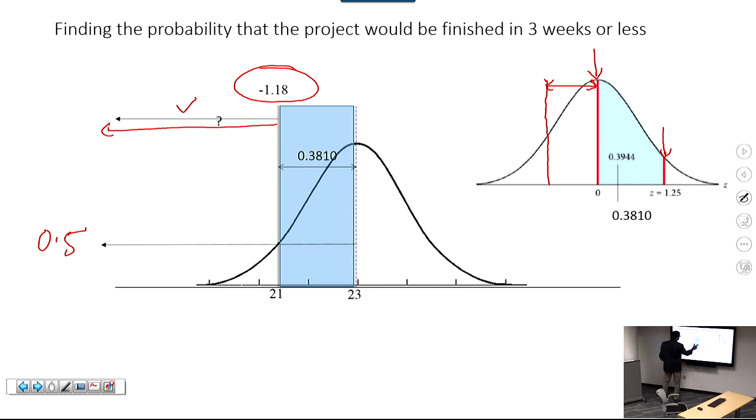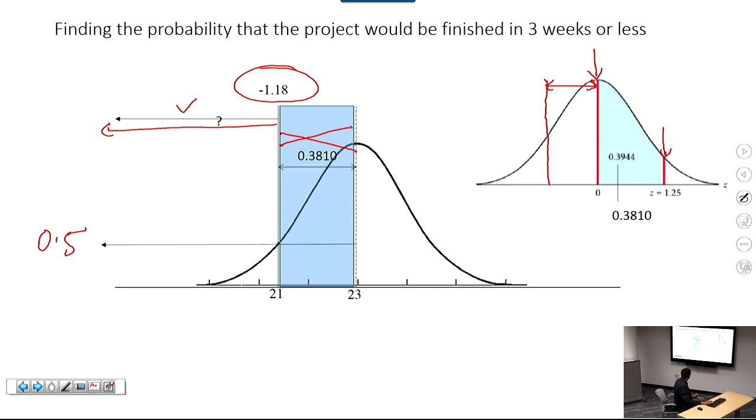We don't want this region, but we want the region to the left of this, okay? So the way you find this is, you take 0.5 and you subtract the area shaded in blue and you will get the area that you want, okay?